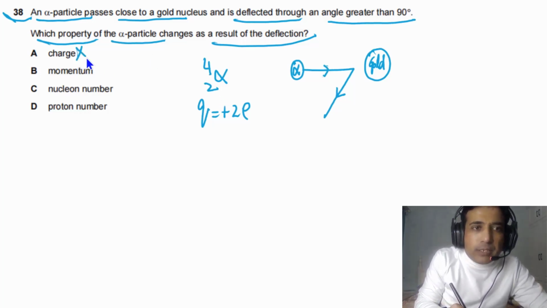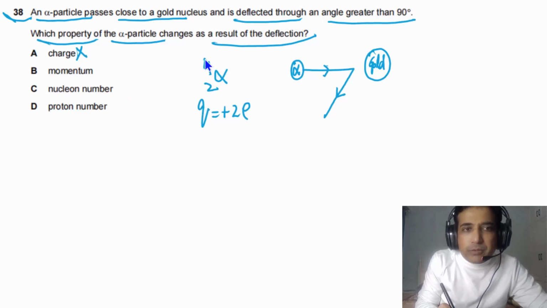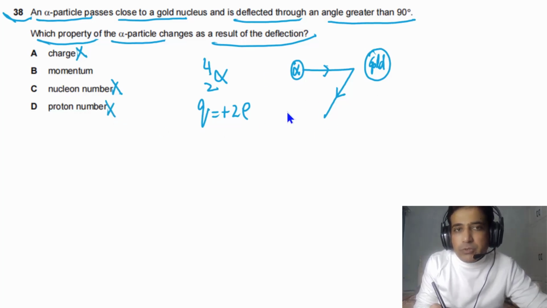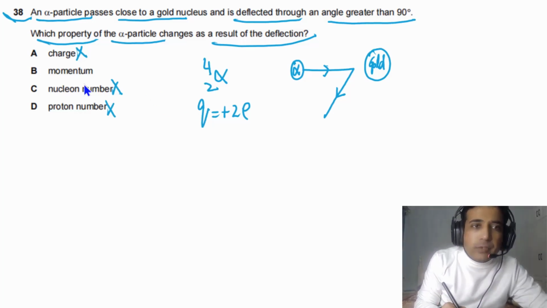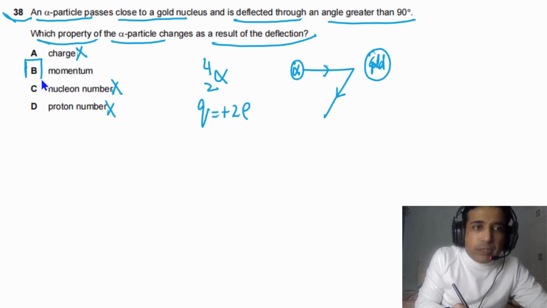Nucleon number, which is 4, will not change. Proton number, this 2, will also not change. But momentum will change in this case because momentum is a vector quantity, and the direction of the alpha particle is changing. So its momentum will change, but the rest of the properties will stay the same. So simply we can say momentum will change. So this is the answer.